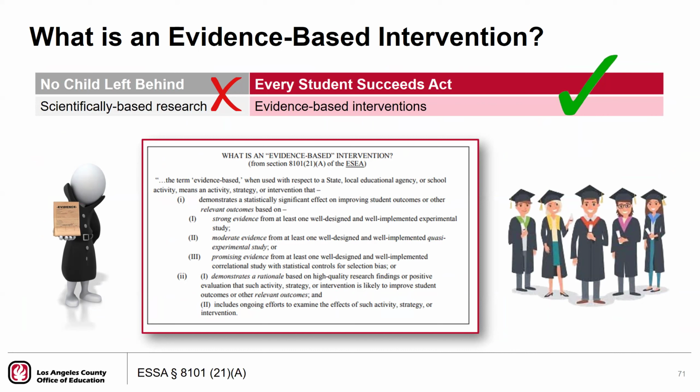But with the bipartisan reauthorization of this act in 2015, the Every Student Succeeds Act replaced scientifically based research with evidence-based interventions. And this shift was designed to help increase the impact of educational investments by ensuring that interventions being implemented have proven to be effective in leading to desired outcomes, namely improving student achievement.